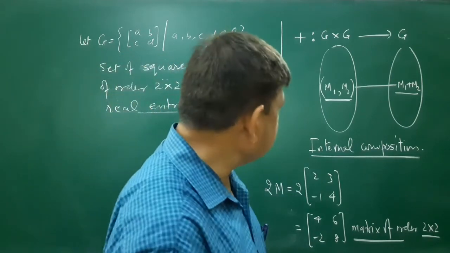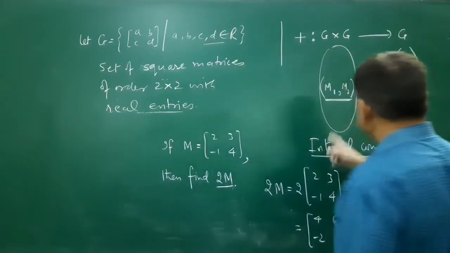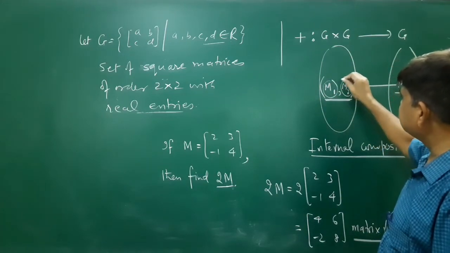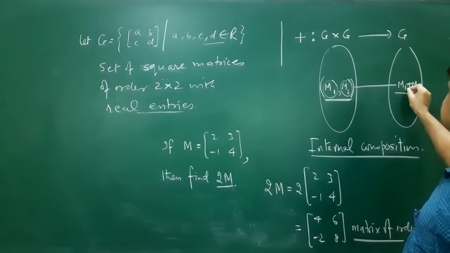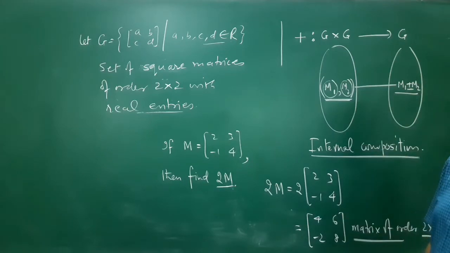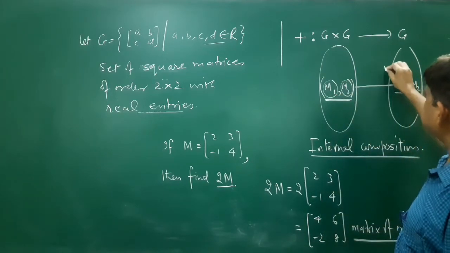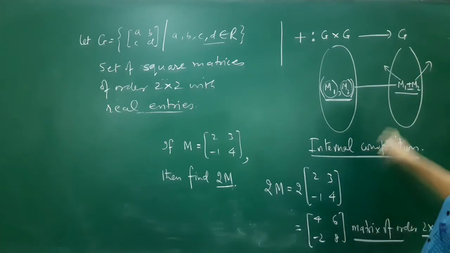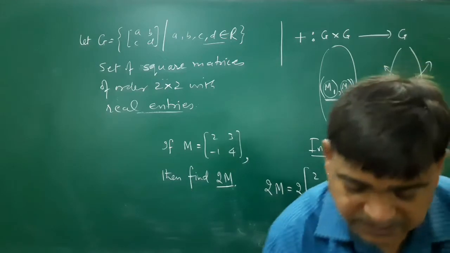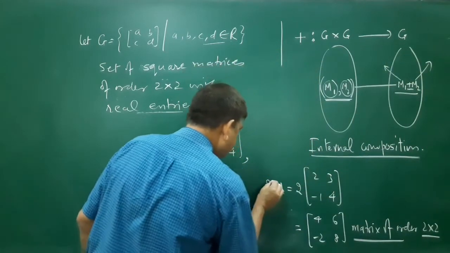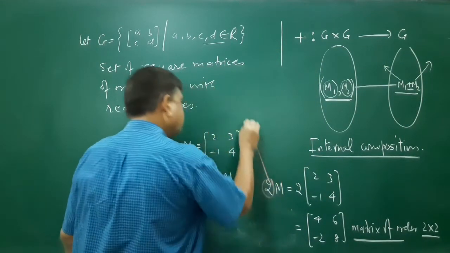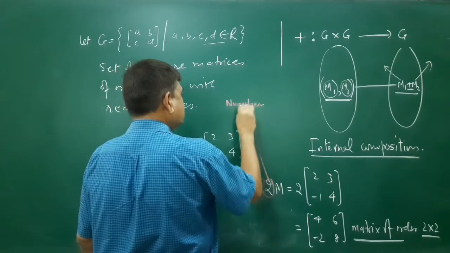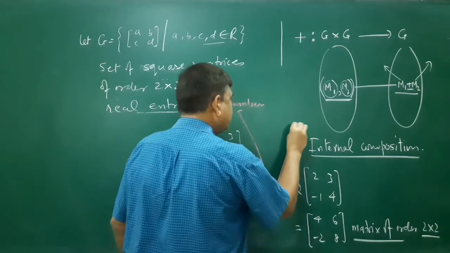Now my question is, here you find the matrix, here it is a matrix, composition is plus. This is a matrix, this is a matrix, composition is plus, but here you find this is a number and this is a matrix.